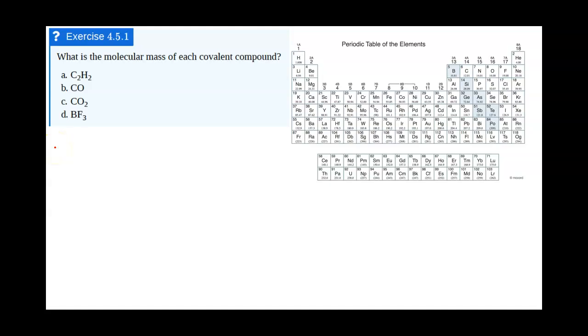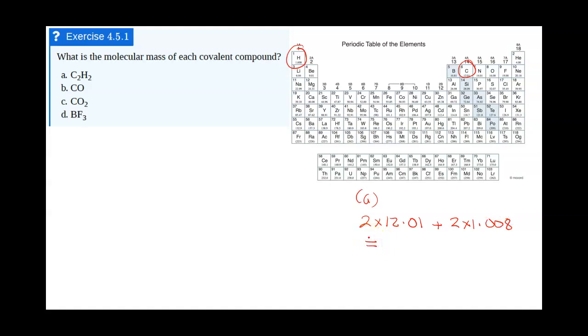In A, we need the mass of carbon and the mass of hydrogen. And then we're going to do 2 carbons plus 2 hydrogens.